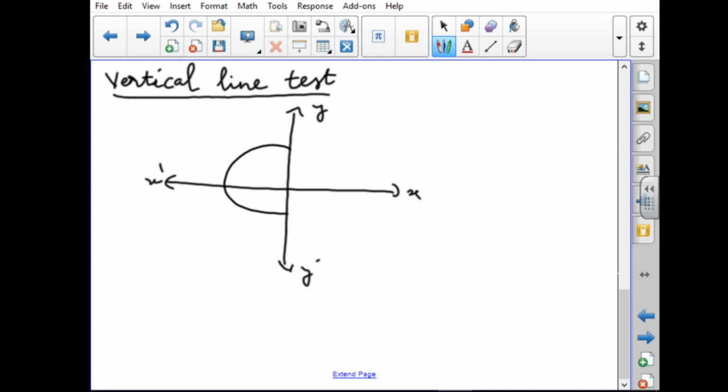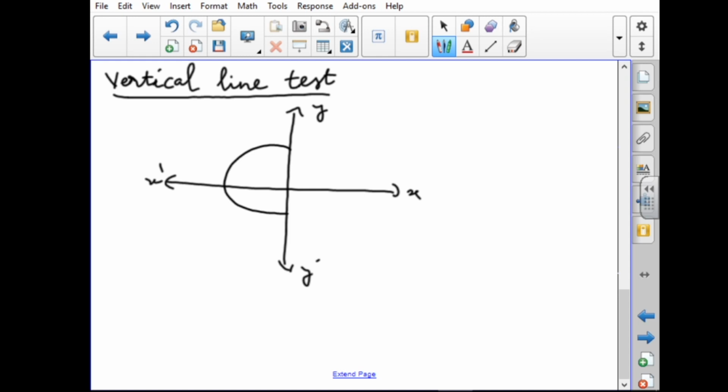Again see that definition of the vertical line test. A curve represents a function if a vertical line drawn on the curve intersects the curve at most at one point. More than one point, that is not a function.